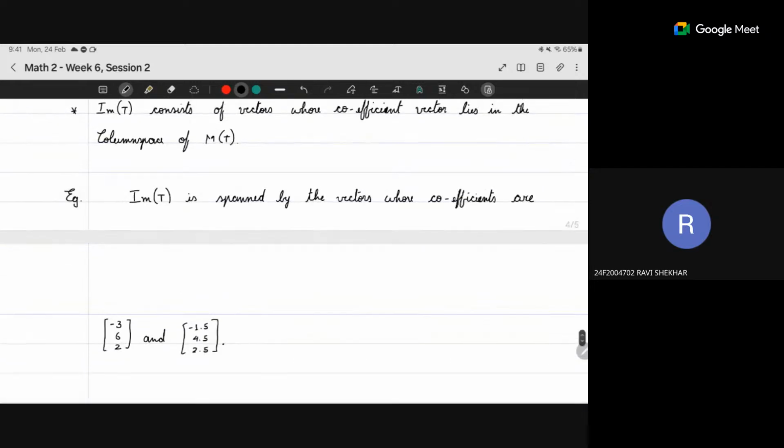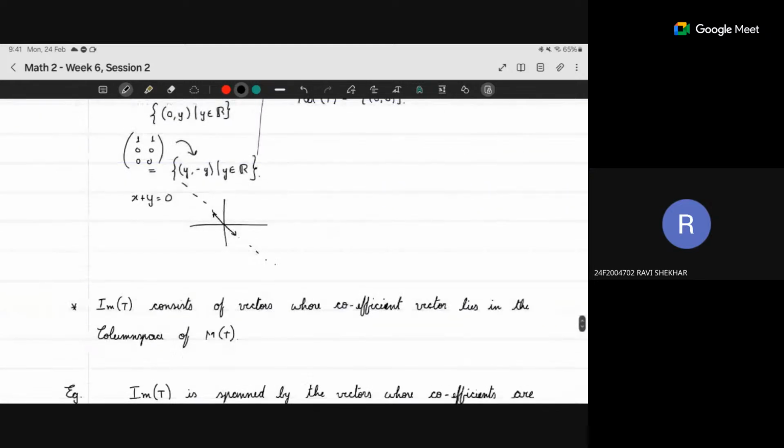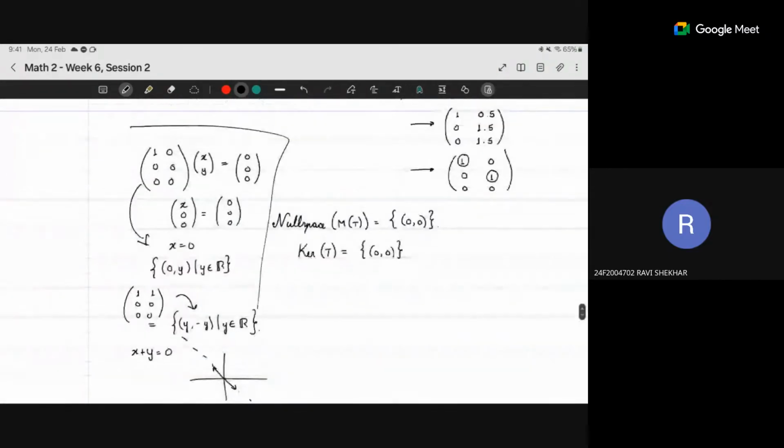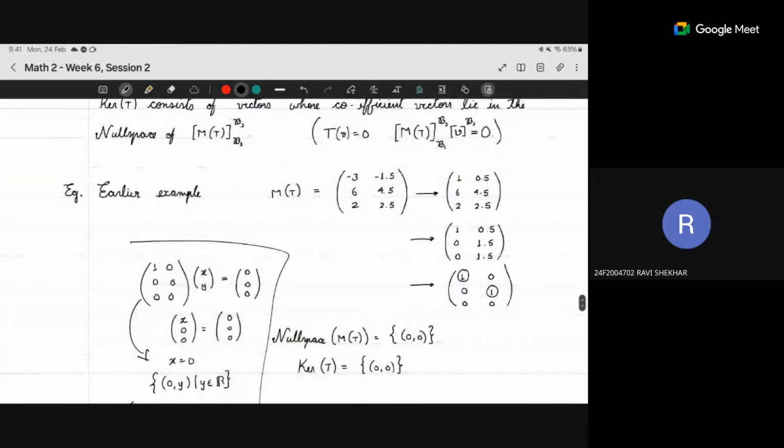So to repeat, if you want to find the basis for the kernel, you look at the independent variables and then you take those vectors.